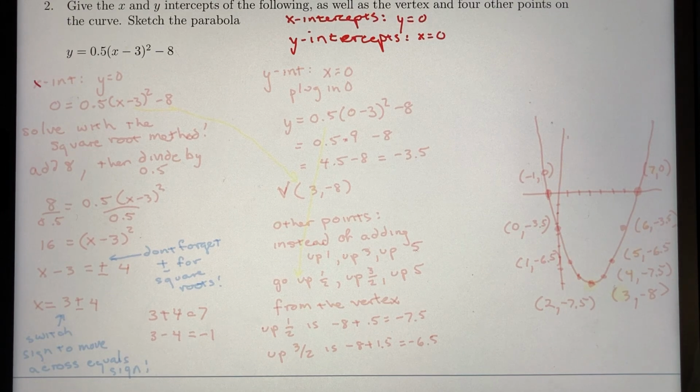Okay, so x-intercepts, how do we solve this? We solve it with the square root method.